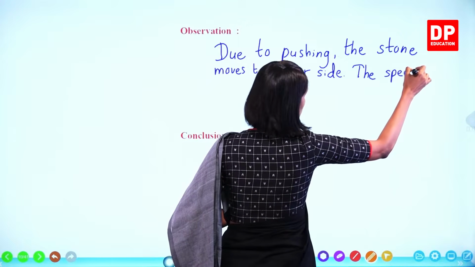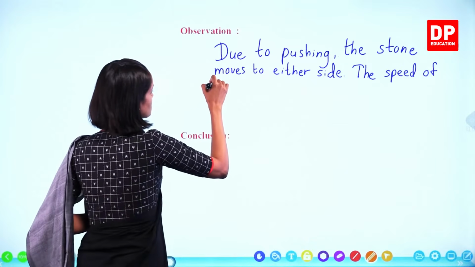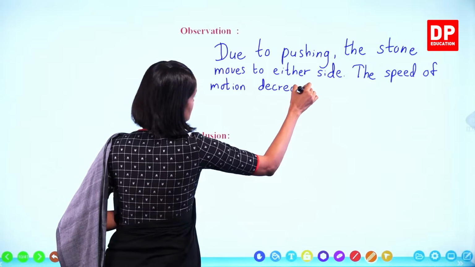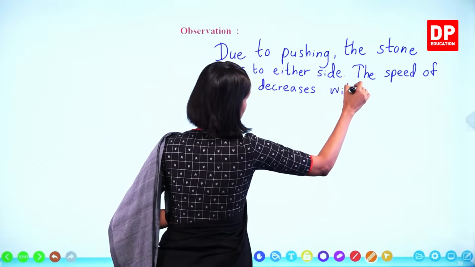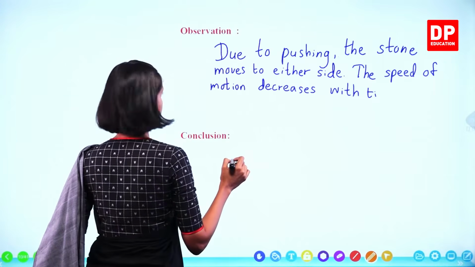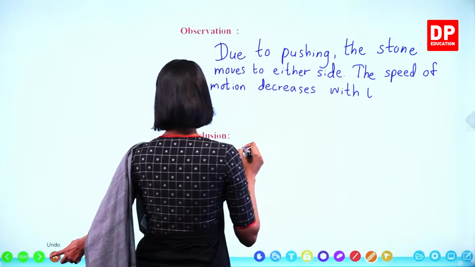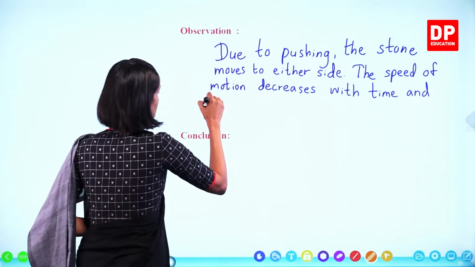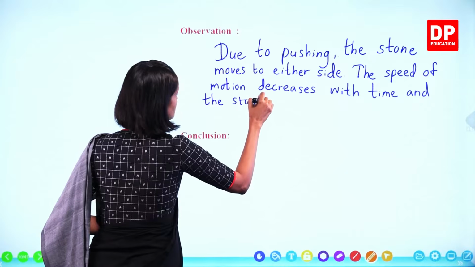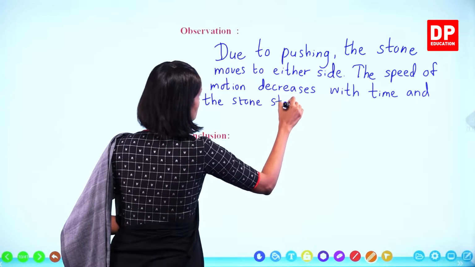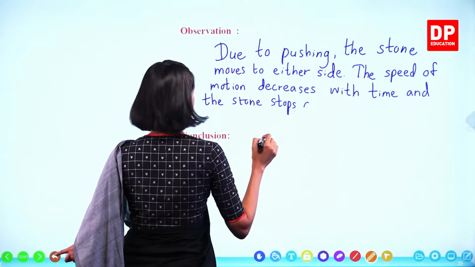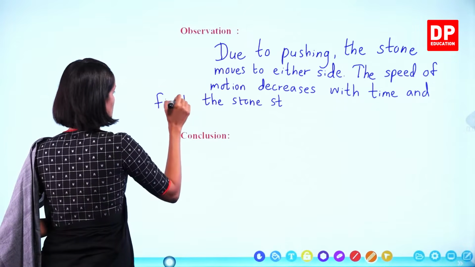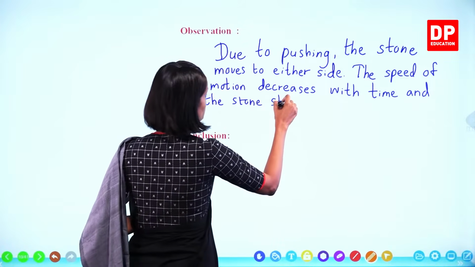The speed of motion decreases with time. And finally, the stone stops moving.